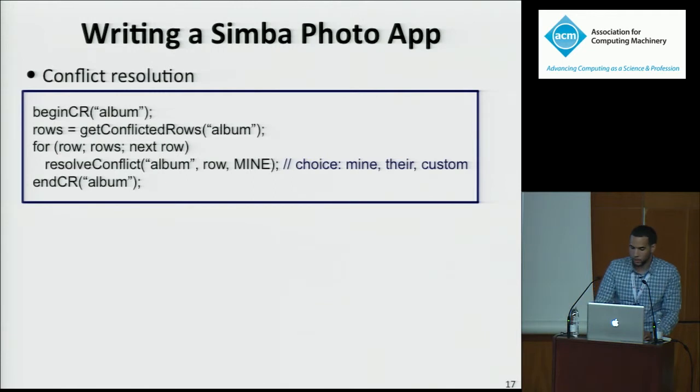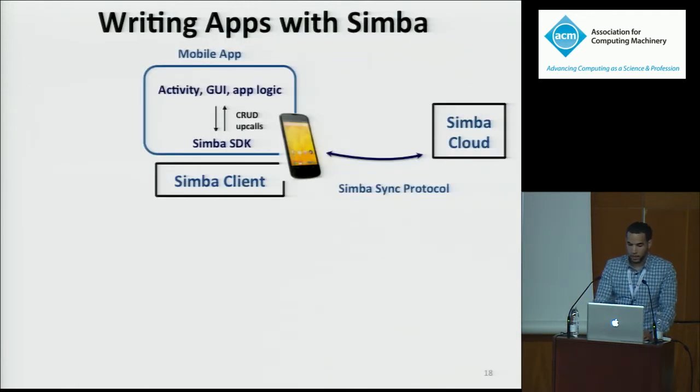So let me move on to the system overview of Simba. On the mobile device, we install and run a Simba service, or the Simba client, and apps are written to the Simba SDK, which then connects to the service and synchronizes data over a custom Simba Sync protocol.